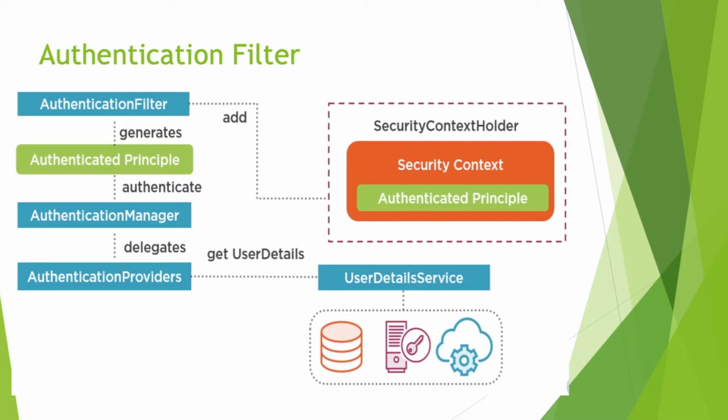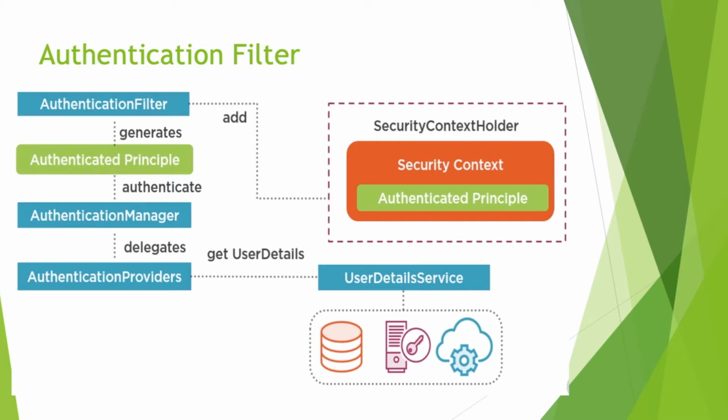So after the request goes through all these different components, through the authentication manager, the provider, the user detail service, fetching the credentials, validating the request, changing it to authenticated principal, now it's ready. It's authenticated. It needs to be stored somewhere.